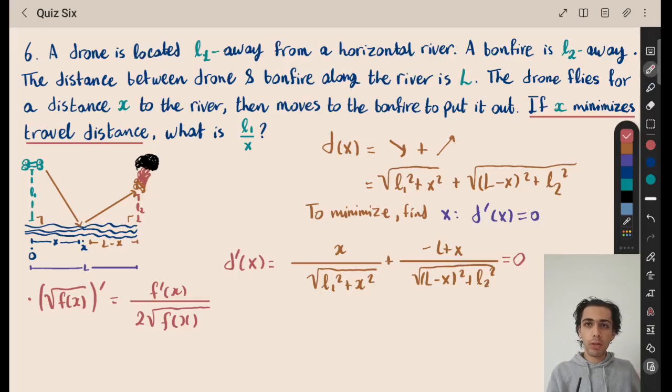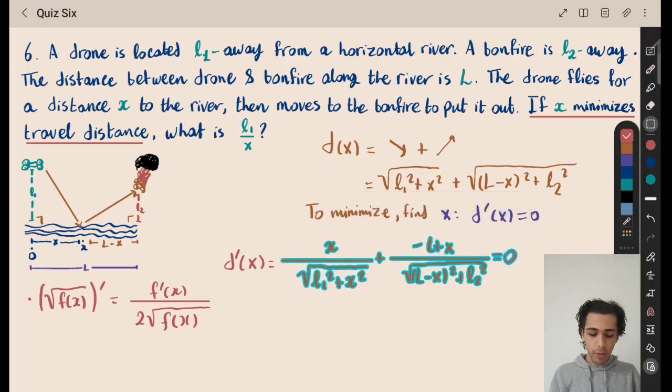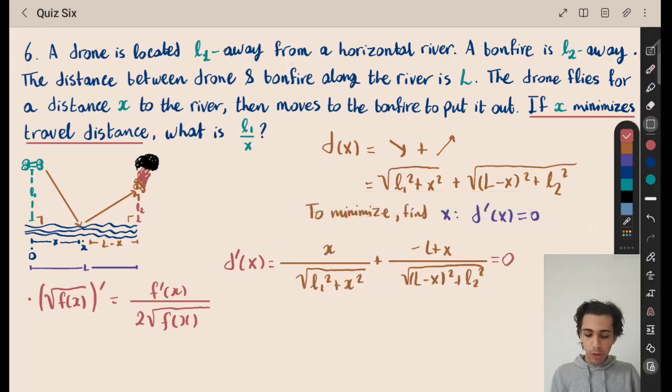So it's very important to take a break whenever you feel that you're stuck. So here, if this is equal to 0, then I can just add this term to both sides. And if I add it, I get x minus L. So I get the opposite of L minus x. But then notice that this is a square, right? So I can just write it as L minus x.